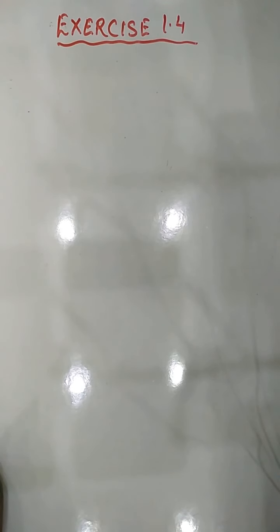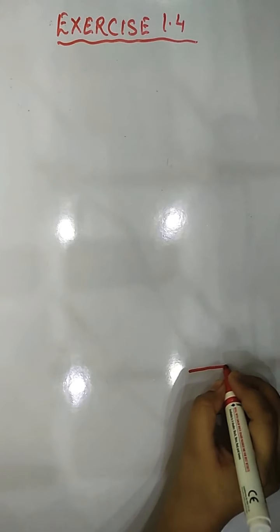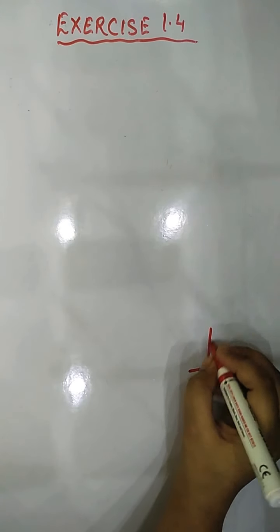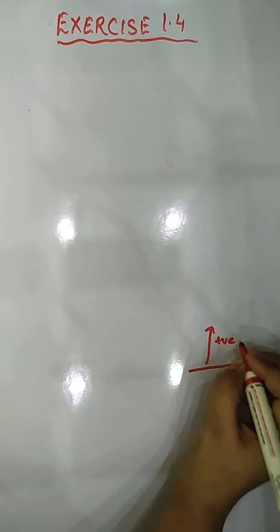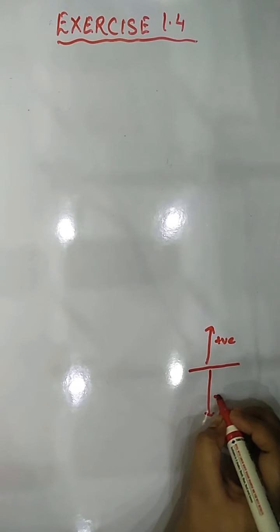Now the last question: an elevator descends into a mine shaft at the rate of 6 meter per minute. If the descent starts from 10 meter above the ground level, how long will it take to reach minus 350 meter? Earlier also I told you that above the ground we consider as positive and below the ground we consider as negative.